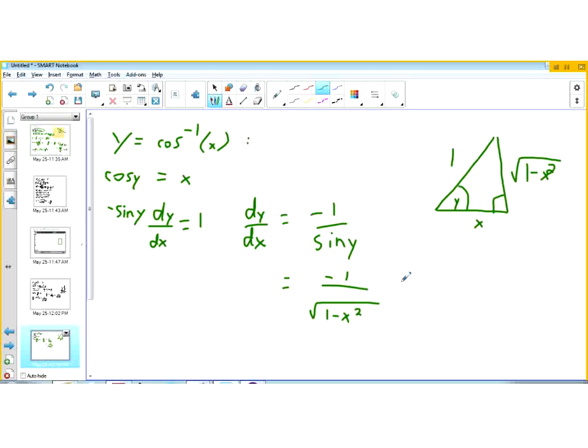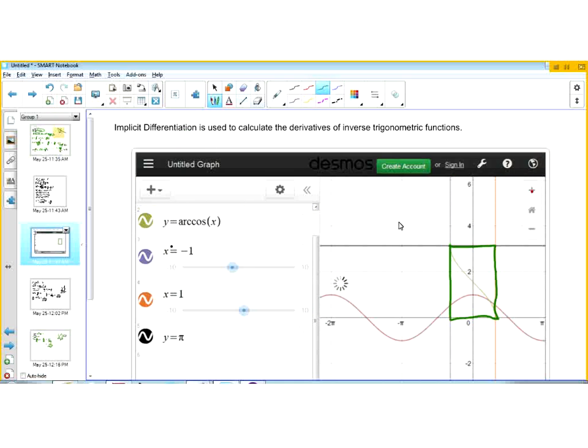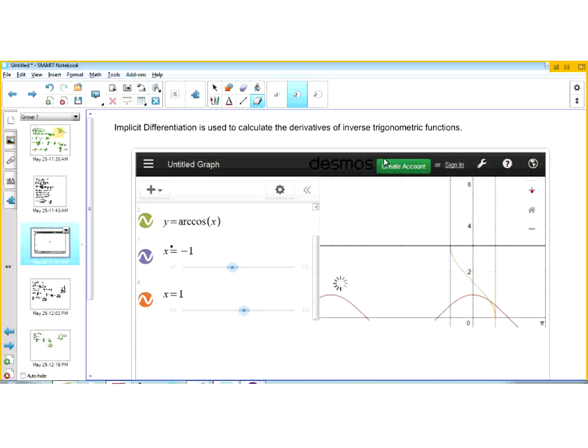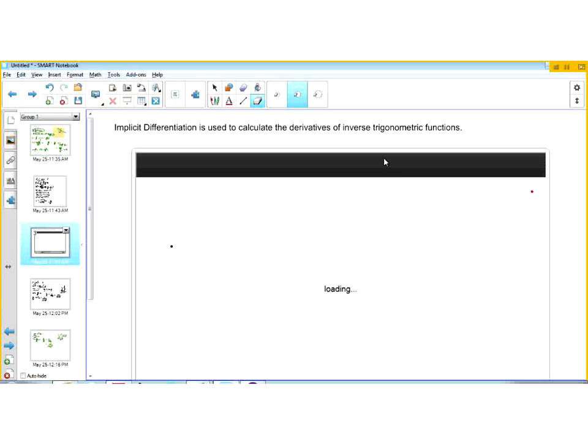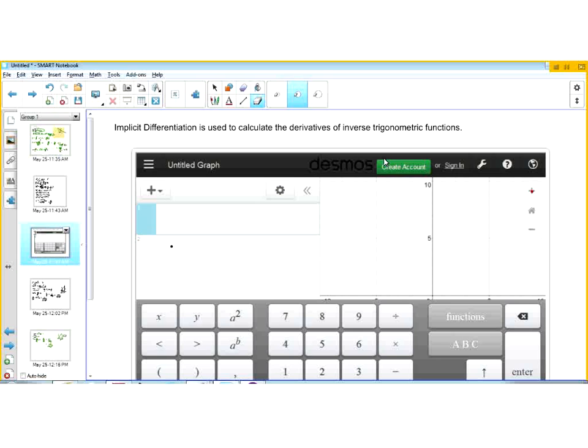Let's do the derivatives of the other inverse trigonometric functions. So let's consider the tangent function now. So let's calculate the derivative of the arctan function. Okay, that's next.